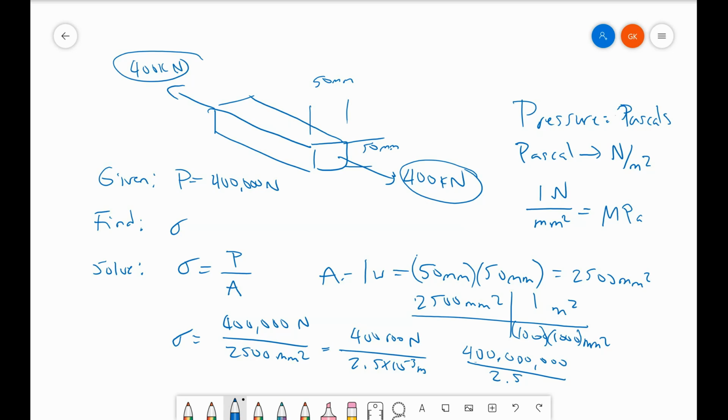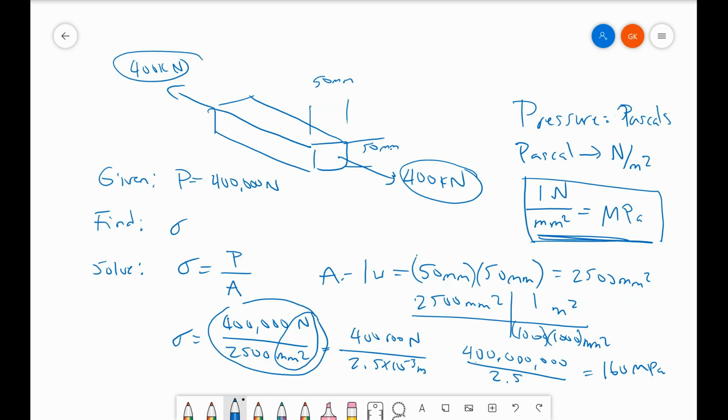And if we have this, that will become equal to 160 megapascals. We could have saved a whole lot of time and effort if we had just used our original setup and remembered that Newton per millimeter squared is equal to a megapascal. So don't forget this. You want to write it down, put it in your notes somewhere, that 1 Newton per millimeter squared is equal to a megapascal.